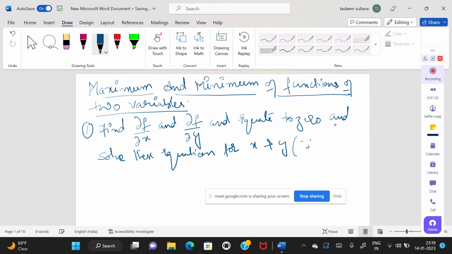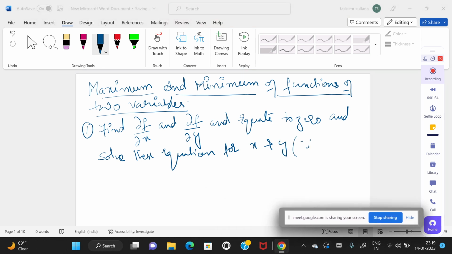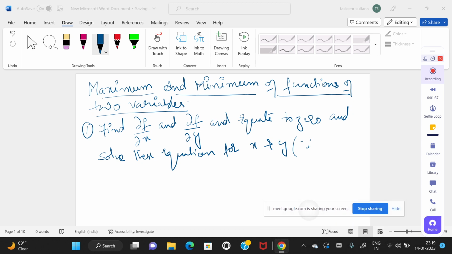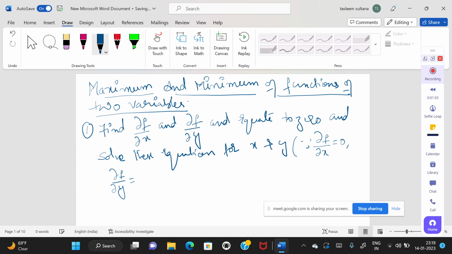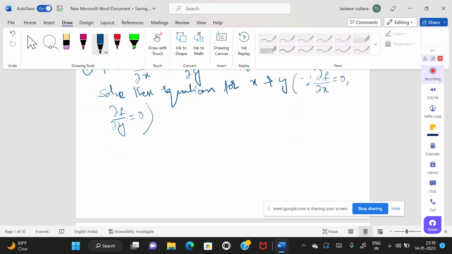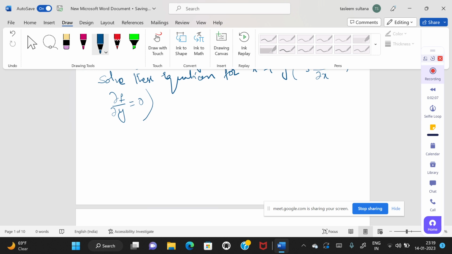That means you're going to differentiate your given equation with respect to x and with respect to y. Then you're going to equate dou f by dou x equal to 0 and dou f by dou y equal to 0. Then you're going to solve that equation for the values of x and y. You're going to get the values in pairs.